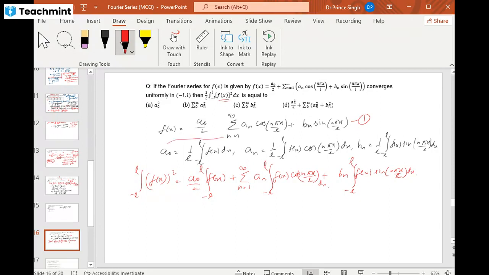Now, if you see this formula, what is the value of the integral from minus L to L of f of x dx?